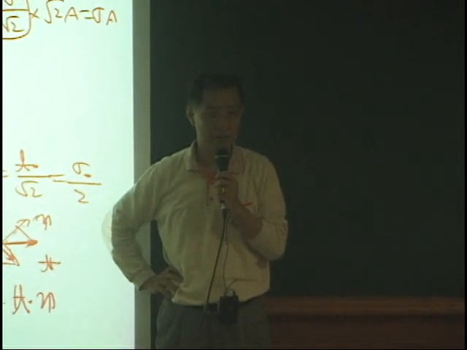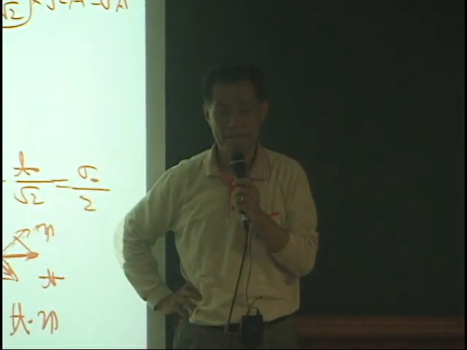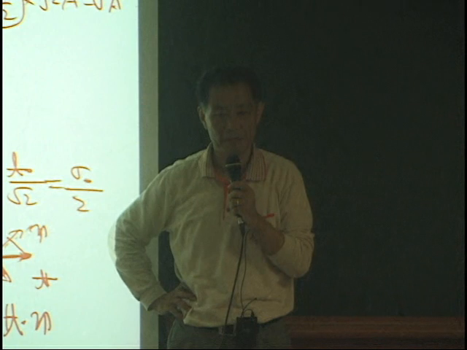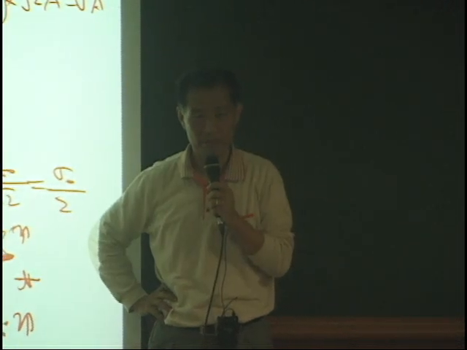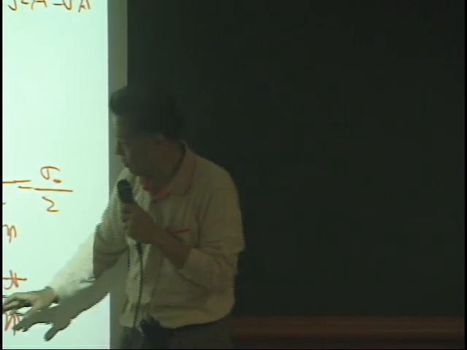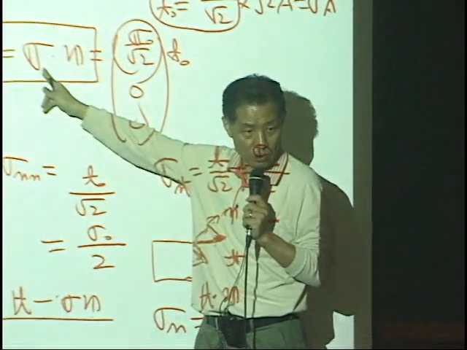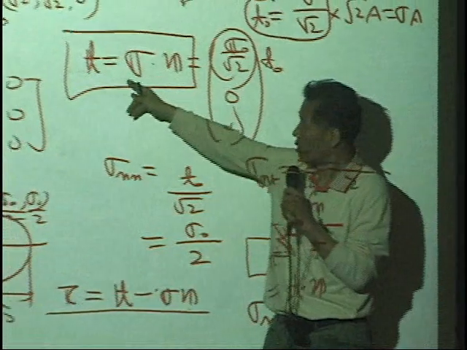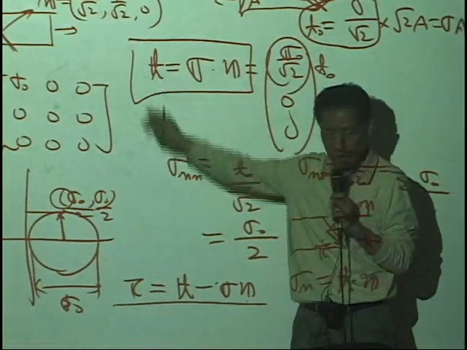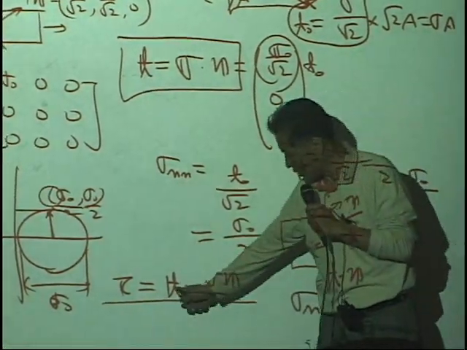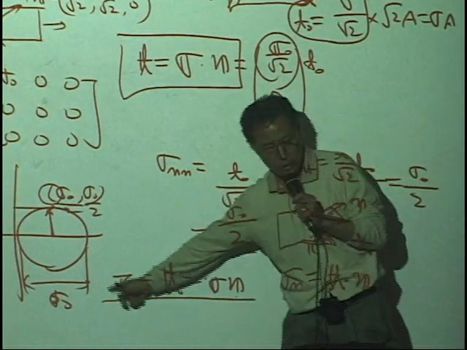Any other question? Yes, they are all vectors. This is a 3x3 matrix times a vector, which gives us a vector.